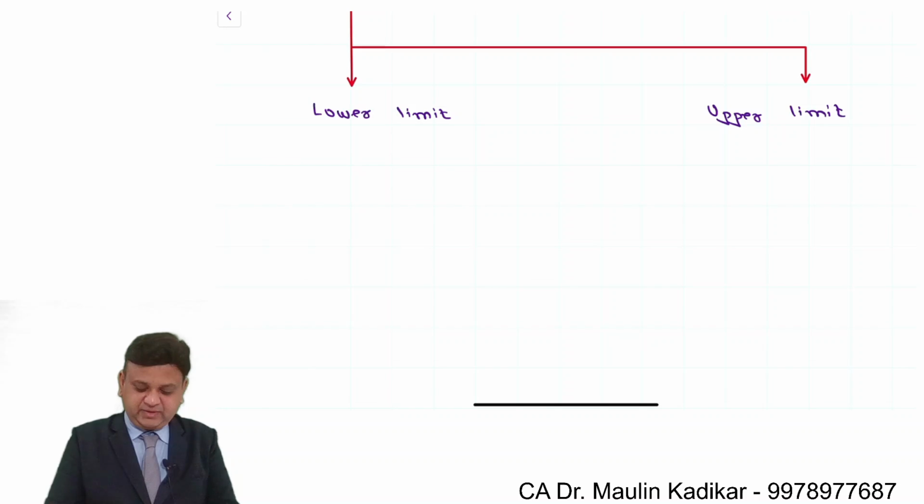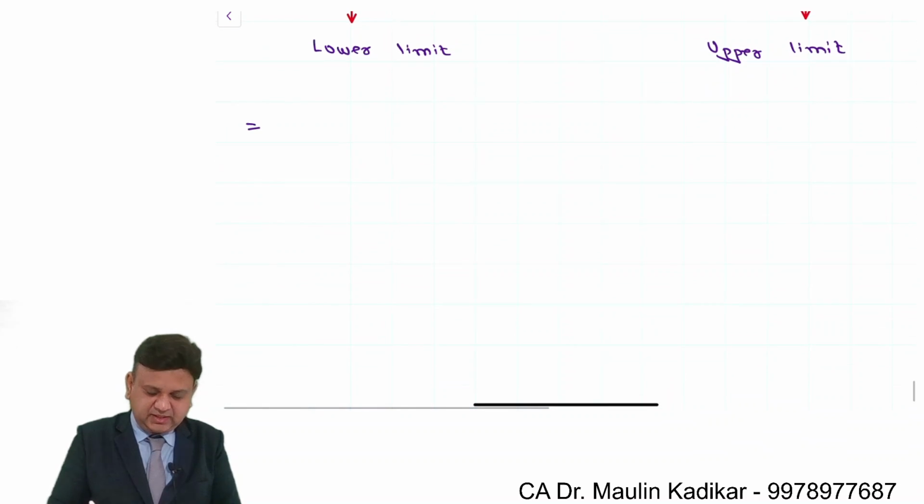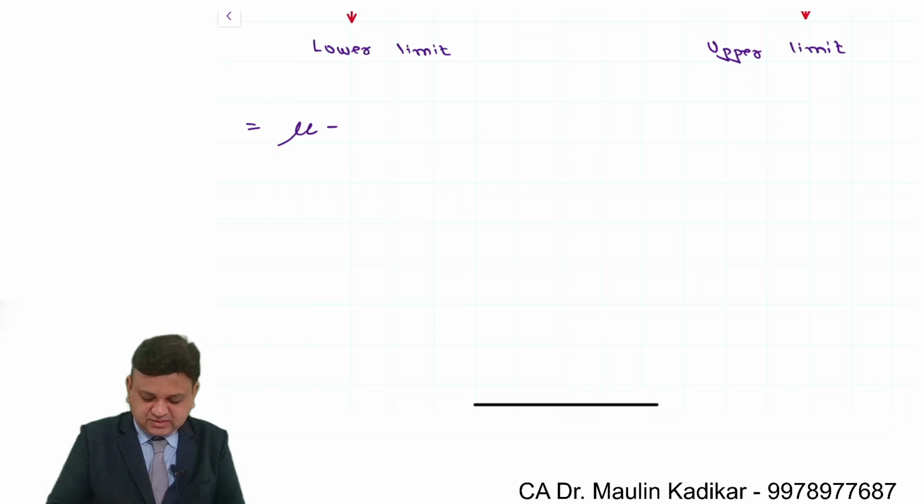As far as the lower limit is concerned, it is calculated like this: mu minus the T distribution reading, that is the T table reading, into the standard deviation.